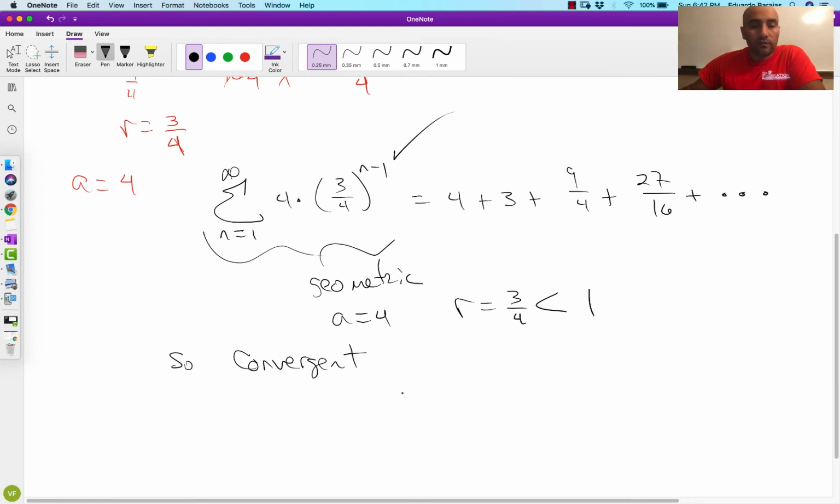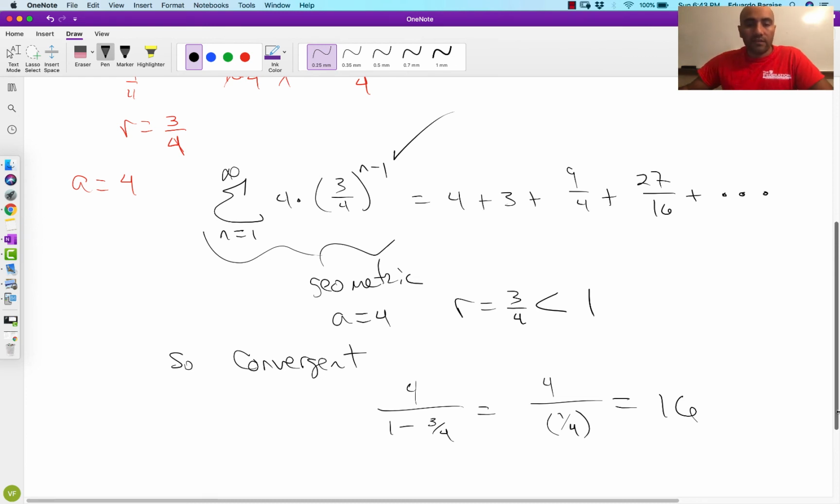The whole thing will converge to a over 1 minus r. So it'll be 4 over 1 minus 3/4, and 1 minus 3/4 is 1/4. So the whole thing equals 4 times 4, which equals 16.